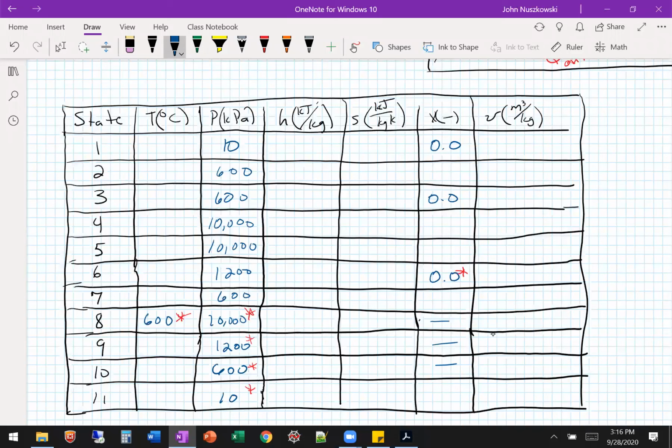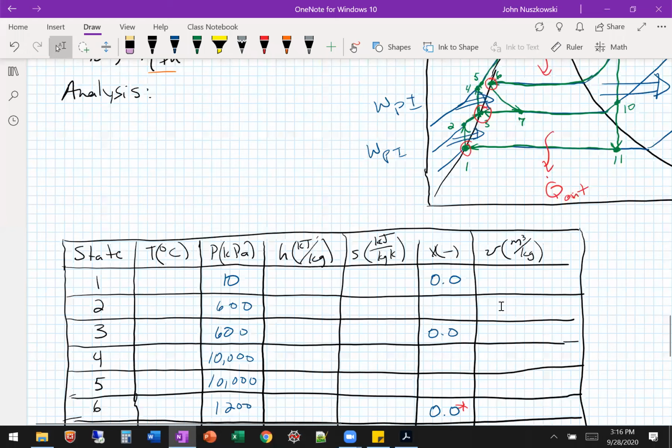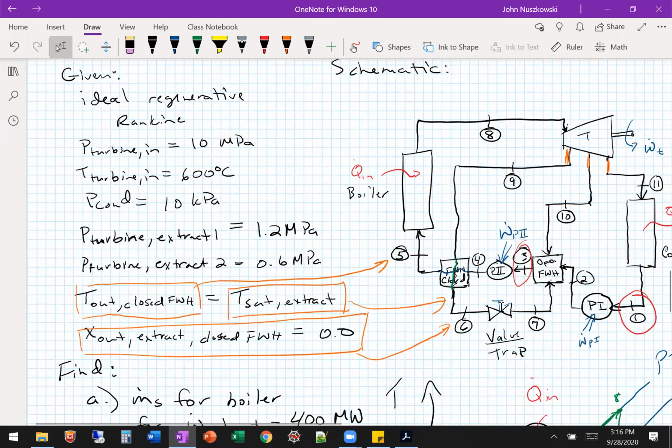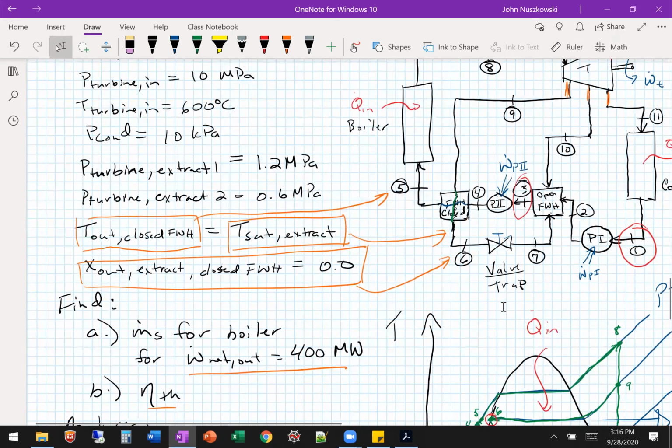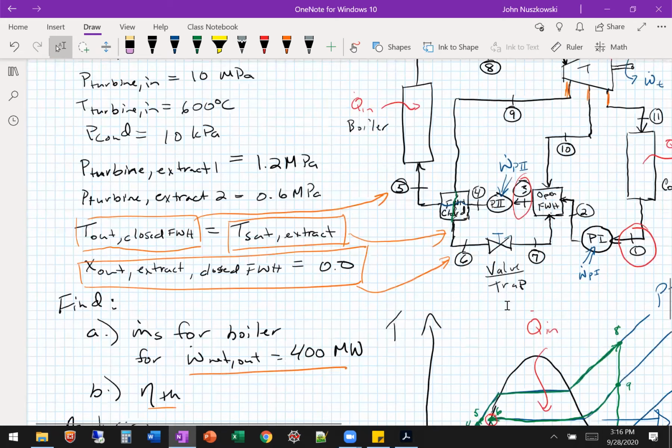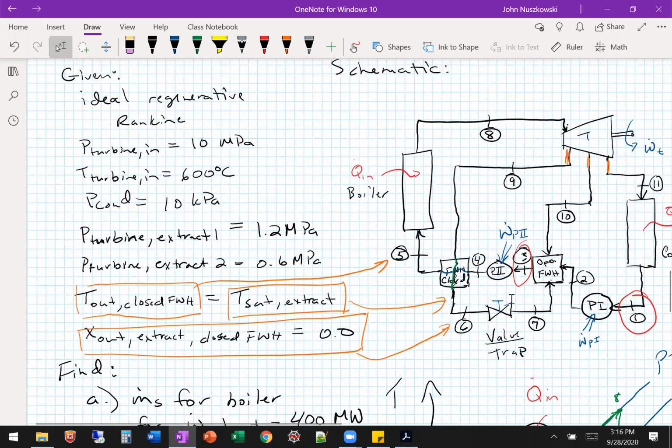What do we know about the turbine? From the properties or the process through there? Is there anything being held constant as we go through the turbine?